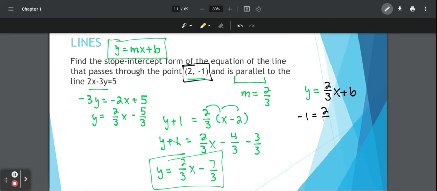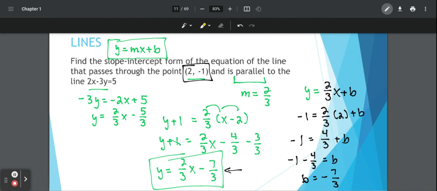So you could plug those in and solve for b. So you'd have -1 equals 4/3 plus b. And then when you subtract 4/3, you get that your b is -7/3, right? Which then gives you, again, that same equation. So either way that you want to get there is fine.